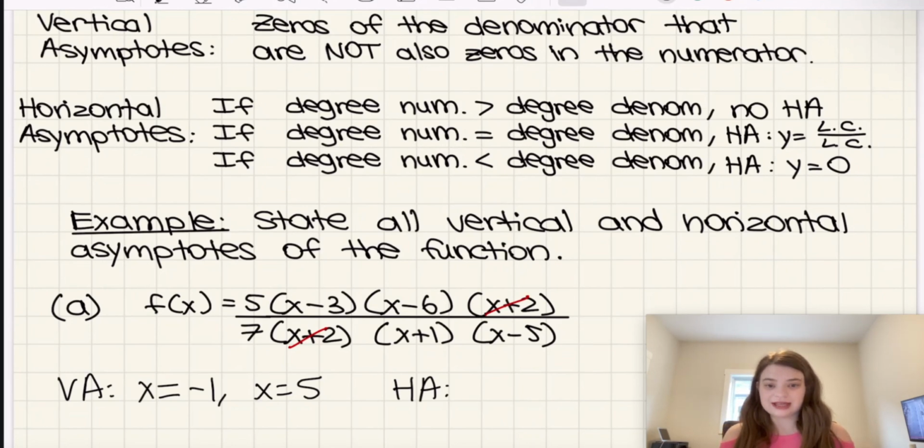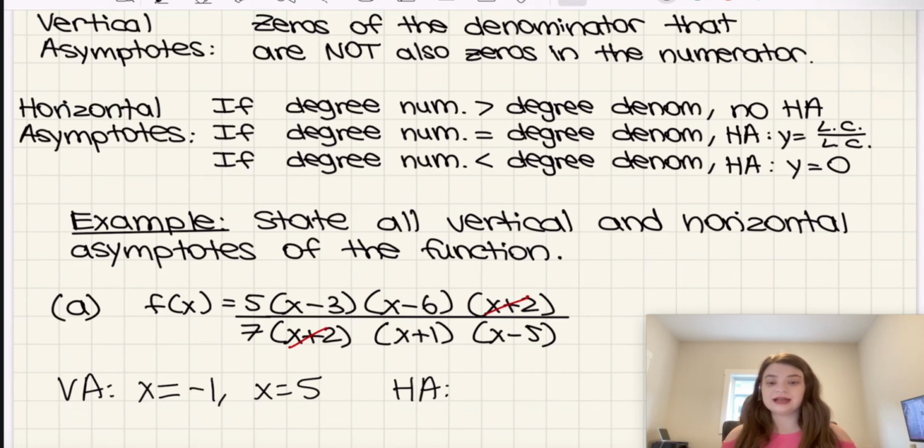So for horizontal asymptotes, we need to look at the degree of the numerator and degree of the denominator. The numerator has a degree of 3, because if we were to expand this, we would get 5x cubed and then plus a bunch of other things. In the denominator, if we were to expand, we would get 7x cubed and then plus a bunch of other stuff that is not the leading term, so we don't care about it for this purpose.